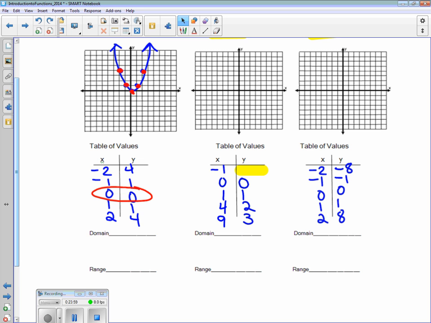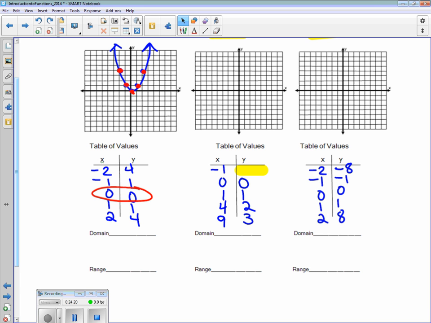Can be decimals, can be irrational numbers, it can be anything. Please don't be looped into thinking that the domain is -2, -1, 0, 1, and 2. No. That's part of the domain.